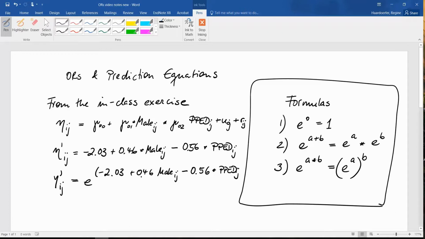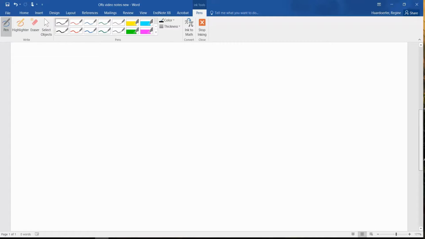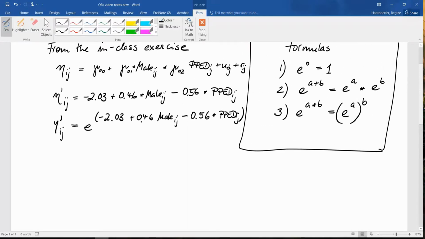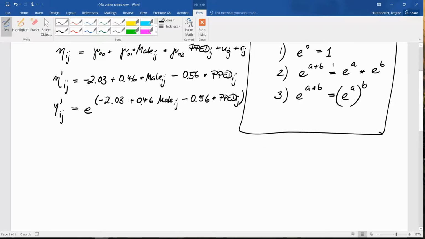And so now we need to use our formulas on the right side. So now we have this term here, and we're going to decompose this into a product term. We're going to use the second rule, e to the power of a plus b, and we get three terms.